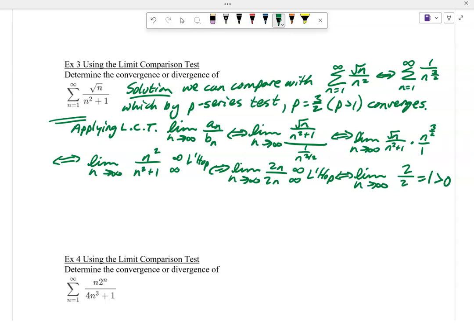So then they either both converge or they both diverge. Well, the one I'm comparing it to did converge. So by limit comparison test, the other one converges, right? So therefore, by limit comparison test, our original also converges.